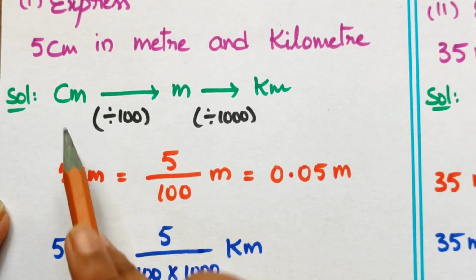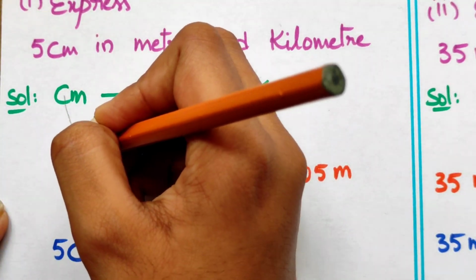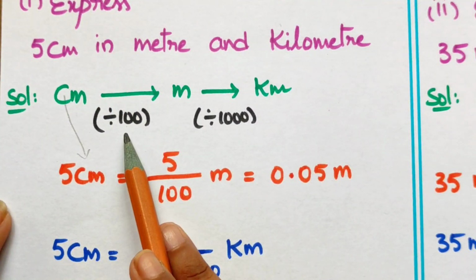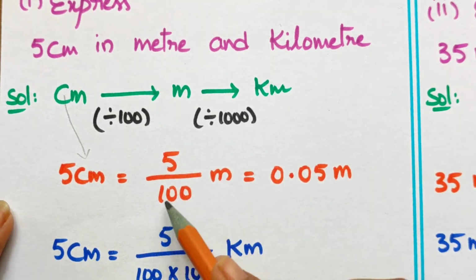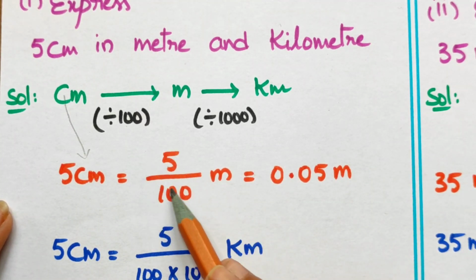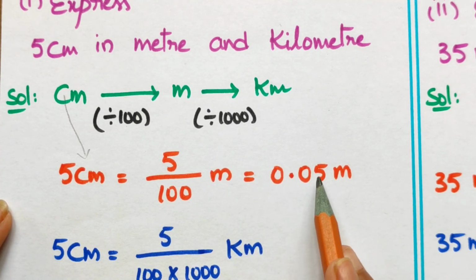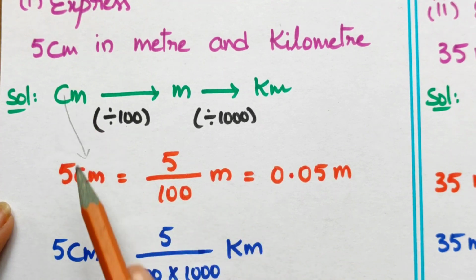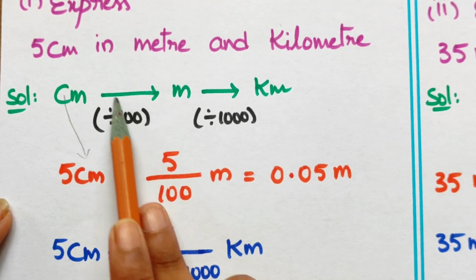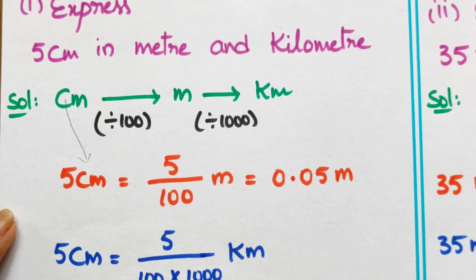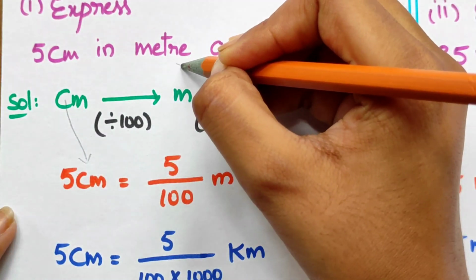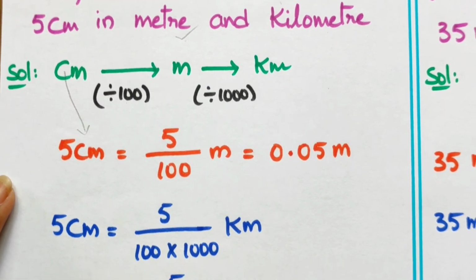Now 5 centimeter, in this place let us write 5 divided by 100, that means 5 by 100 meter is equal to, by converting this fraction into decimal we get 0.05 meter. Is it clear now? Here 5 centimeter in meter is 0.05 meter.